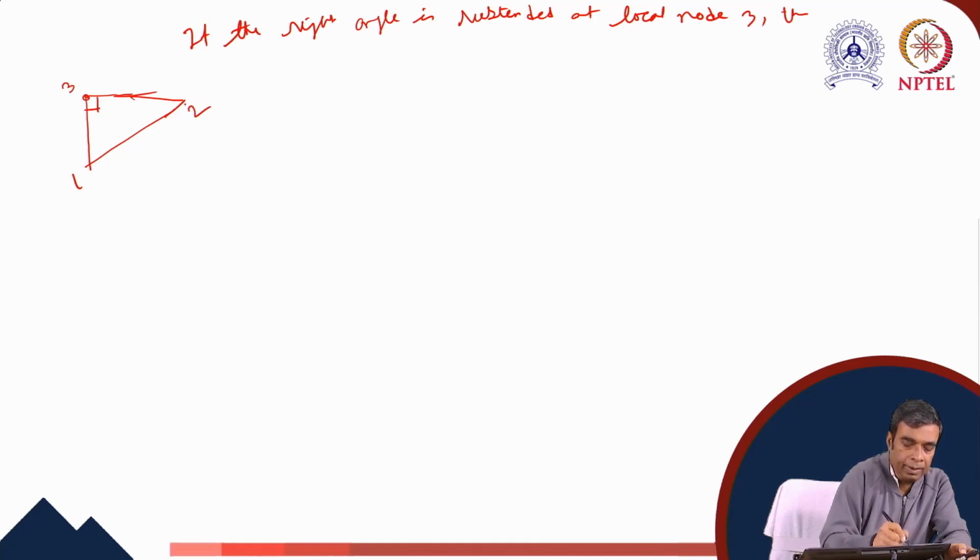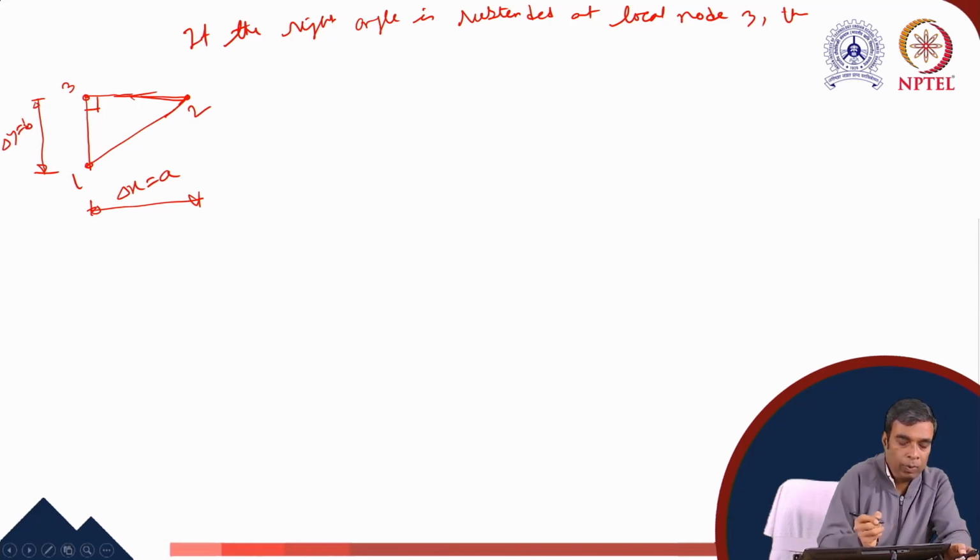This is the right angle. This is the base. This is delta x equals A, and this is delta y equals B.